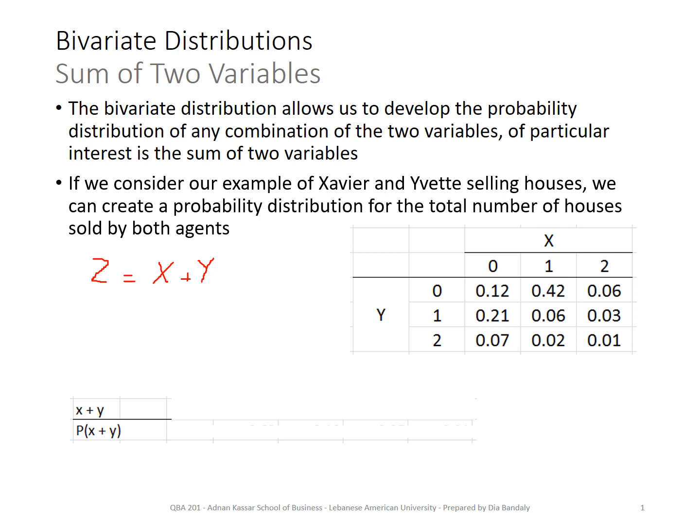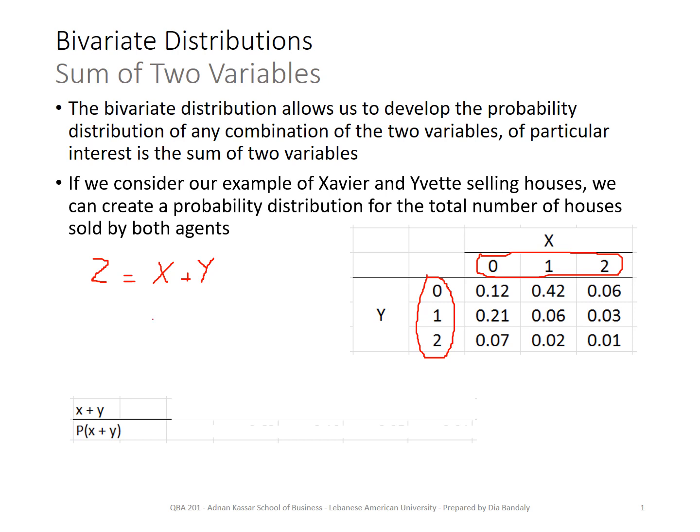We can tell that from the bivariate probability distribution, because we can see here that X can take the value of 0, 1, or 2, and Y can take the values 0, 1, and 2. They do not necessarily need to have the same values, by the way. We can have here 0, 1, 2, and here we can have 2, 3, 4, whatever. But what's important now is to tell what the possible values of X plus Y are.